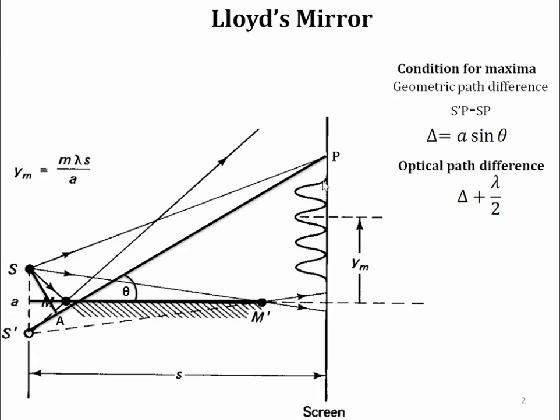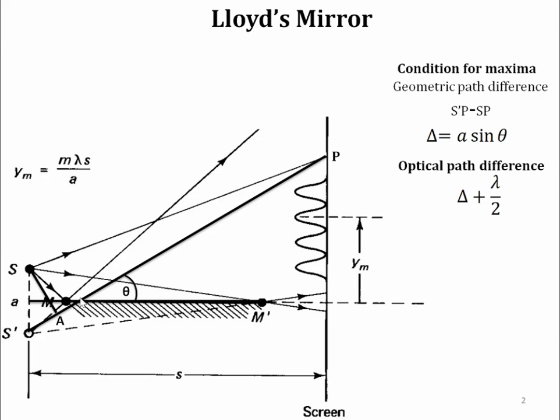So now what we have to write down is the optical path difference. This is the geometric path difference, correct? The optical path difference will be delta, the geometric path difference, this much, plus a sudden path difference faced at this point because of reflection.